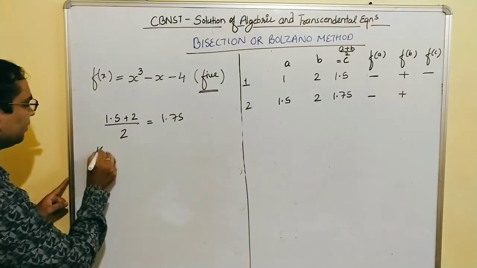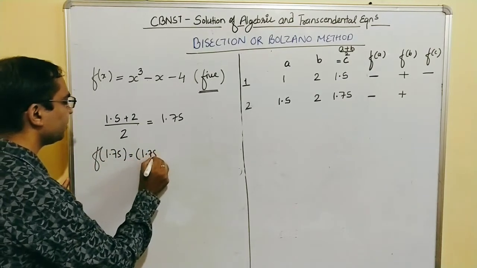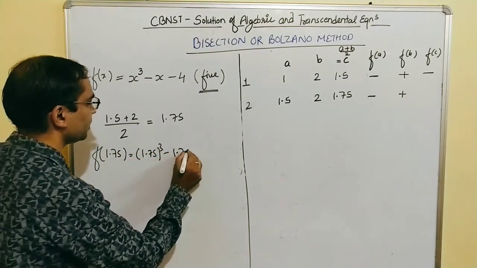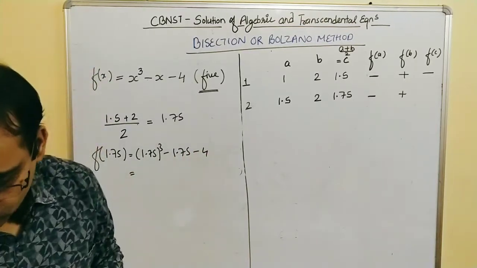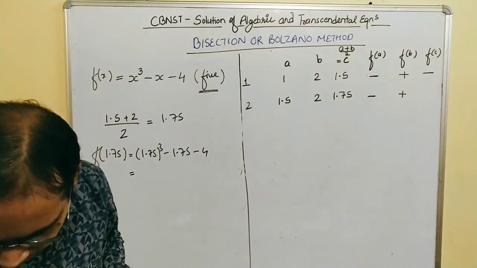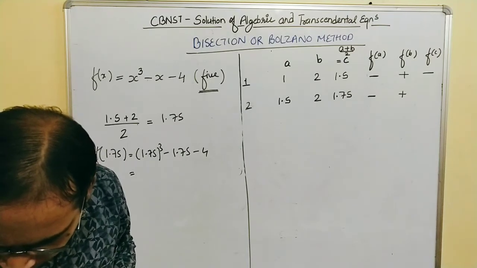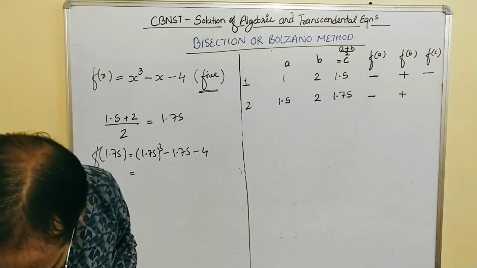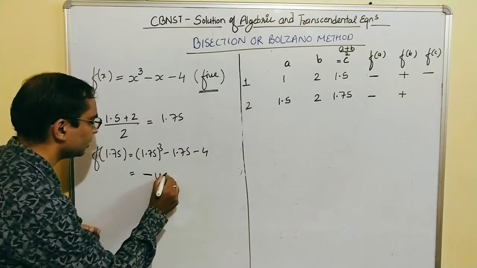So for that, f at 1.75 will be 1.75 cube minus 1.75 minus 4. Let me see what this answer is. This is minus 0.39062. So we have a negative value here, and that is more important.